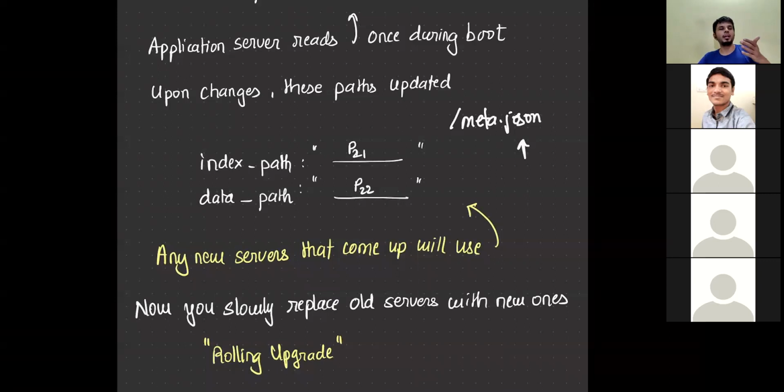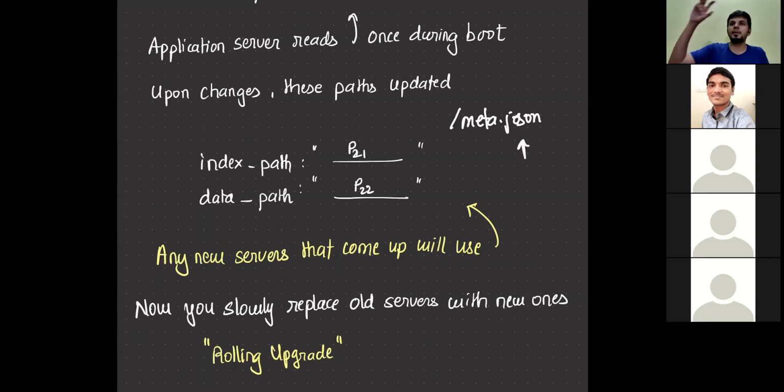Let's say we just terminate the old servers, so the new servers that come up load meta.json and find the new paths here. This is typically a rolling upgrade. You roll out changes and then slowly delete your old infrastructure, and the new infrastructure comes up with the newer change. This is typically how most deployments actually happen: rolling upgrade.